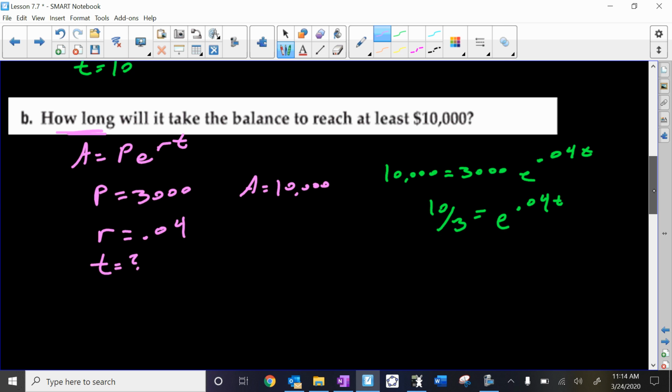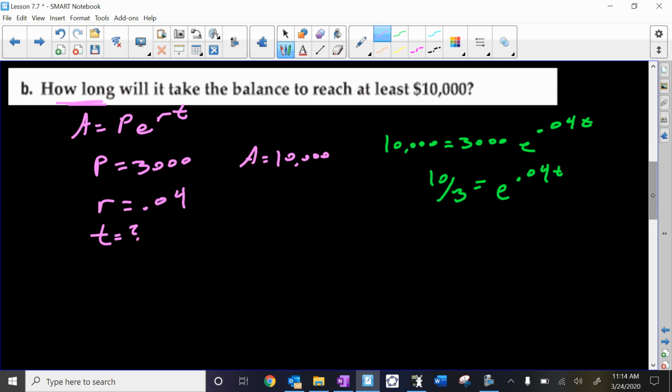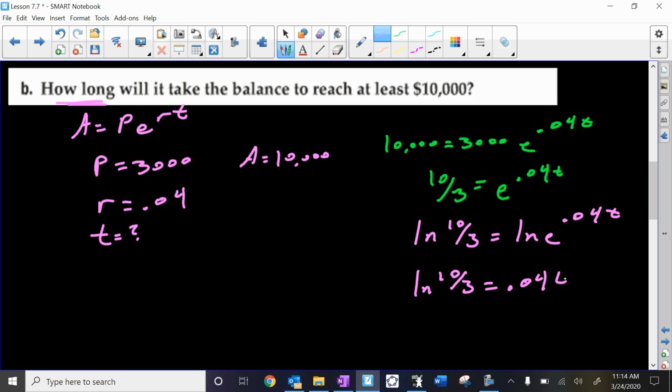Remember, to get t down on the same level, we're going to take a natural log on both sides. That allows me to pull my exponent out front. So the natural log of 10/3 equals the natural log of e to the 0.04t, which allows me to pull the exponent out front.